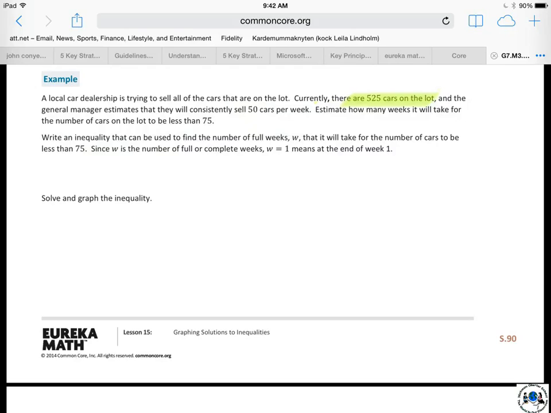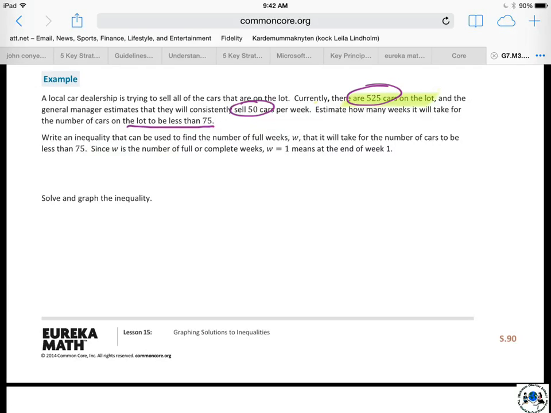Now, we are going to estimate how many weeks it will take for the number of cars on the lot to be less than 75. We've got 525 cars on the lot, and 50 cars per week that the manager is estimating we're going to sell.